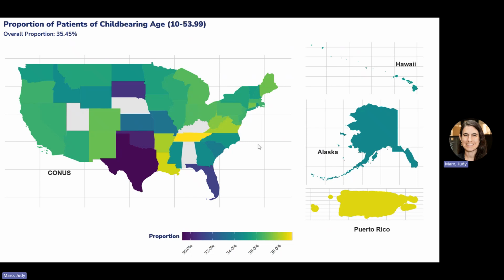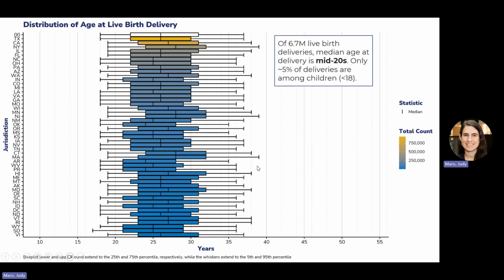And so next, we're going to look at the distribution of age at live birth delivery. Again, a characteristic that's particularly important if you're thinking about doing maternal health research or core research that emphasizes maternal health, to understand a little bit more about what type of pregnancies are being captured in this data set. And so here, of the 6.7 million live birth deliveries that are included, the median age at delivery is essentially mid-20s.